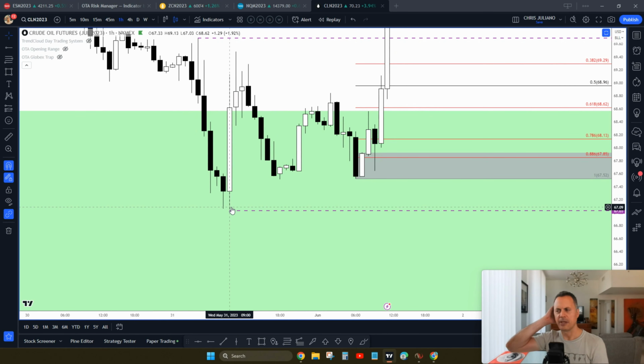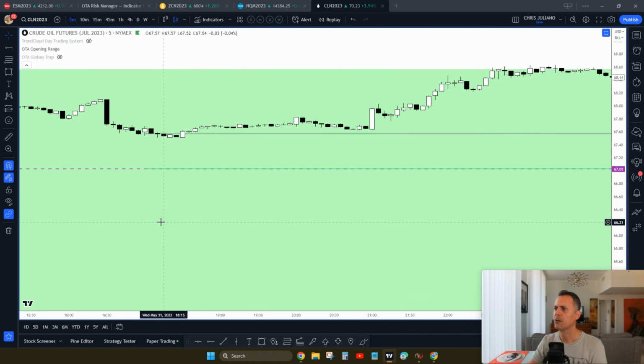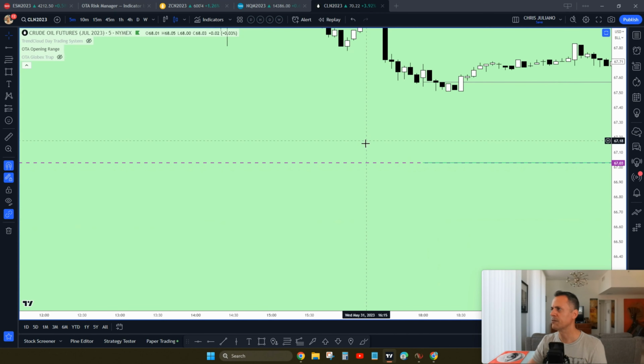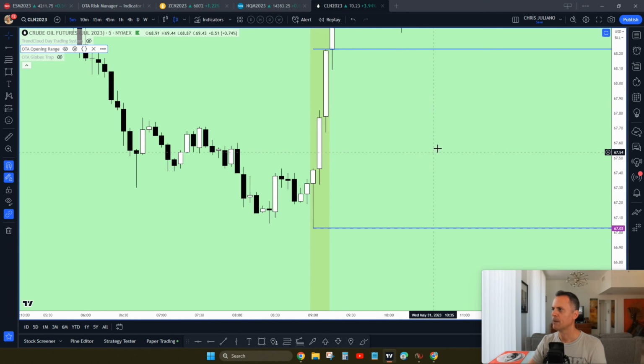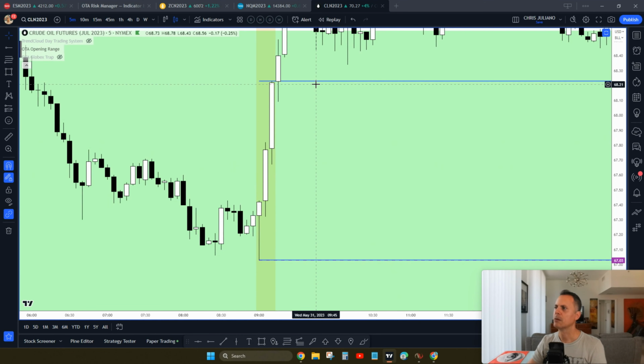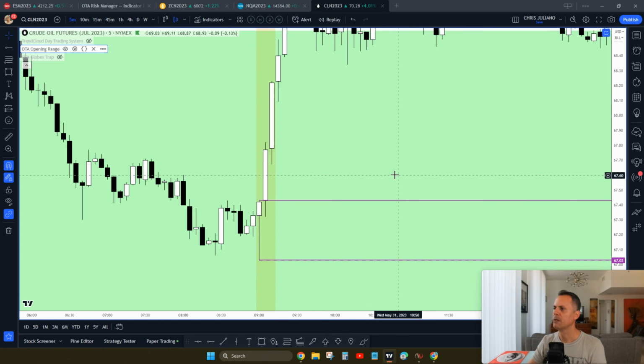And here is the bottom of the leg. Now, the bottom of the leg here is actually a previous day's opening range. Take a look at this. If you go over here, say extend historical lines, and 5-minute chart, because we're on crude oil.